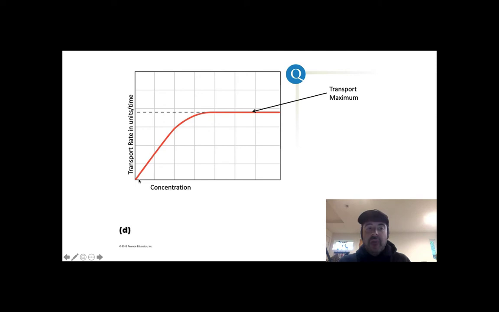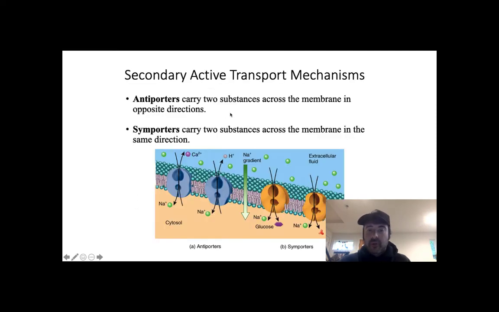And essentially what's happening here, if you look at transport rate in units per time, and then you're looking at the concentration of that solute, as the concentration of that solute increases, the transport of that solute into the cell also increases, but there comes a point at which all of those transport proteins, so let's say we're talking about sodium glucose cotransporters, work at a finite rate and can only move a certain number of particles per unit time. So there's going to be a point at which you increase the concentration of glucose and sodium to an extent that all of these proteins are going to be tied up transporting glucose and sodium, and there's not going to be any extra ones.